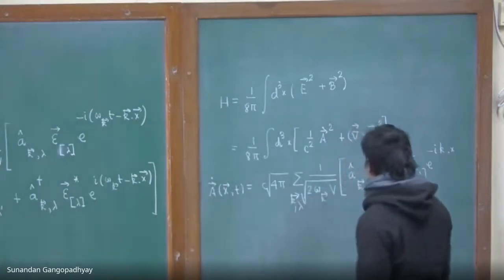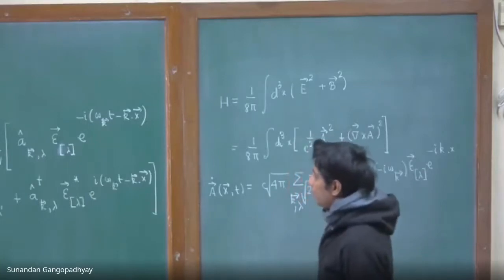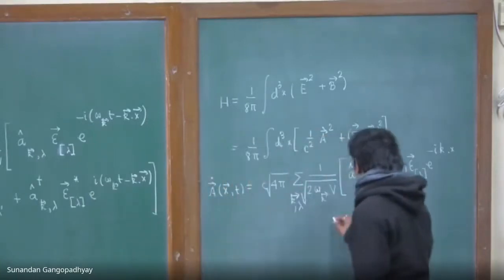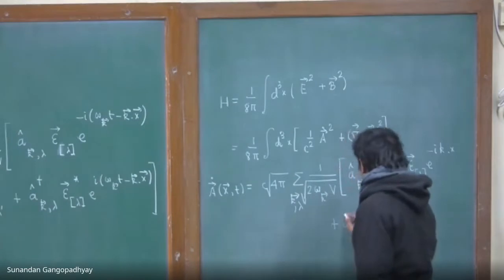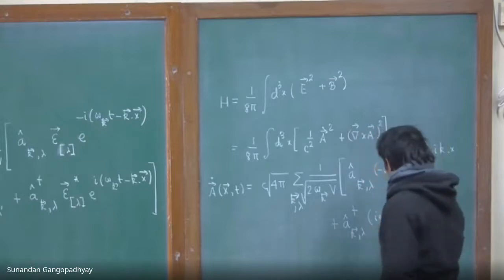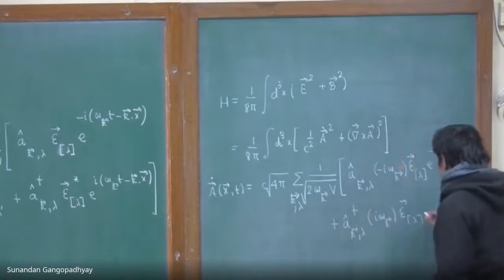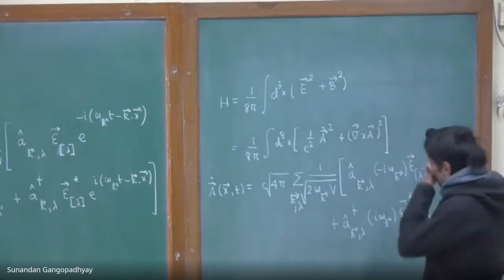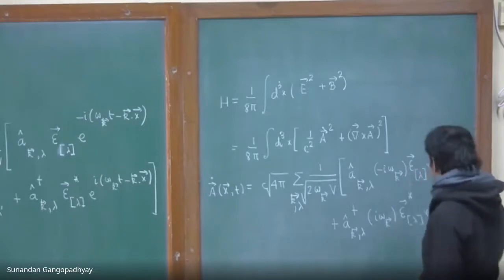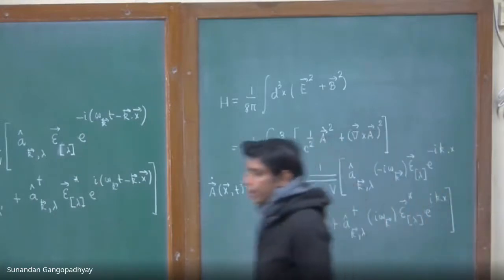And from the other term we shall have plus a dagger_{k lambda} i omega k epsilon lambda star e to the power of i k dot x. So this is the mode expansion for A dot.